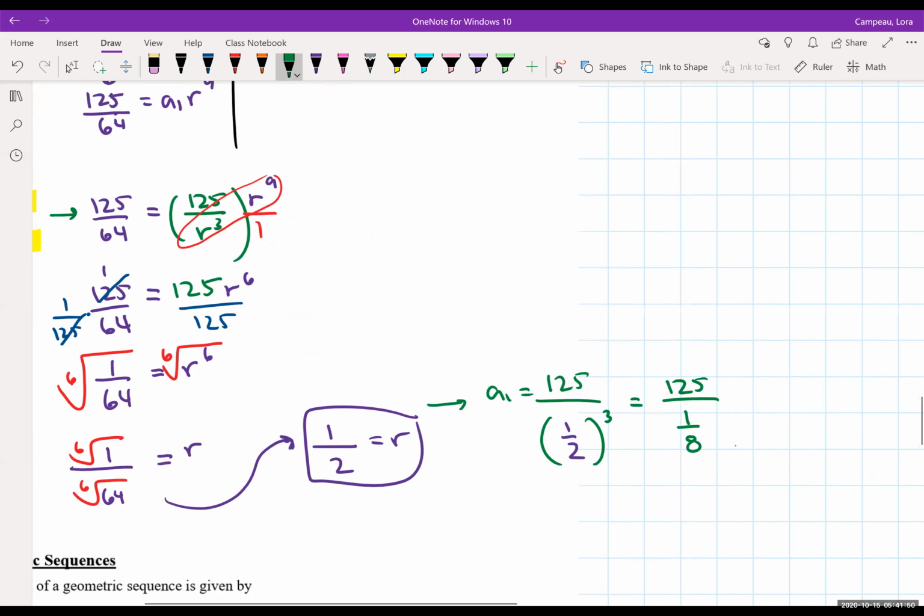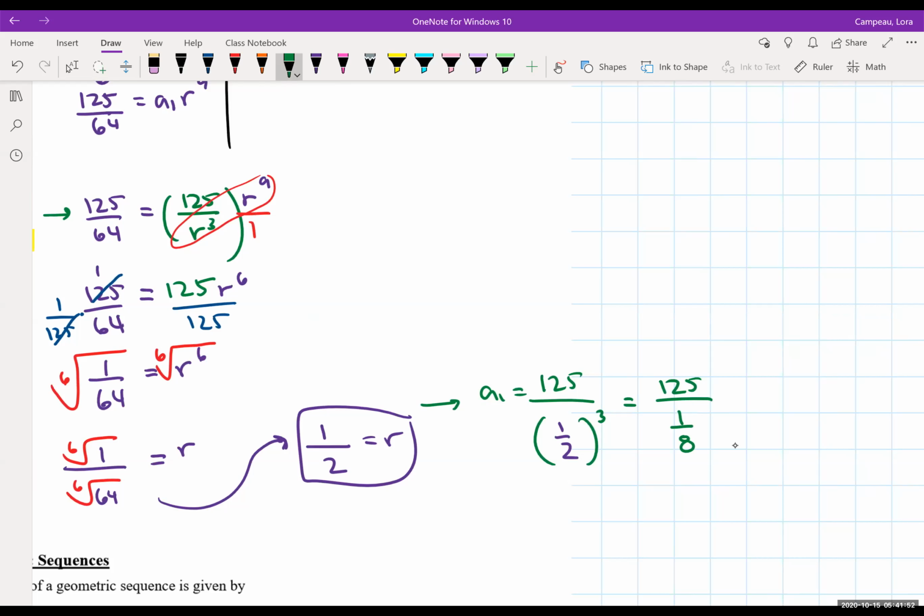And you have yourself a complex fraction. That's like saying 125 divided by 1/8, which leaves us with 125 times 8 over 1. And if you'd like, you can find the answer, 125 times 8, which, look at that, is a very nice number, 1,000. So that is a sub 1.